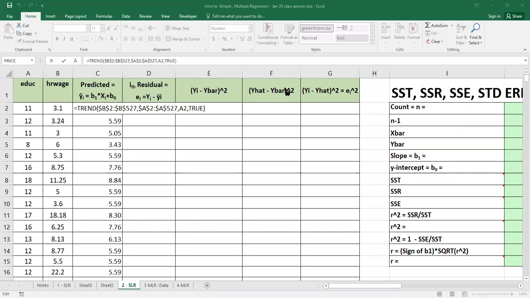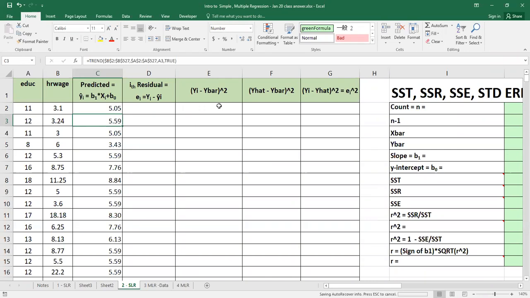Alright, so these, guys, are our predicted values, right? These are the values we got using the equation of our regression line. And you notice that it's not the same as the actual value. So we have a residual, no?